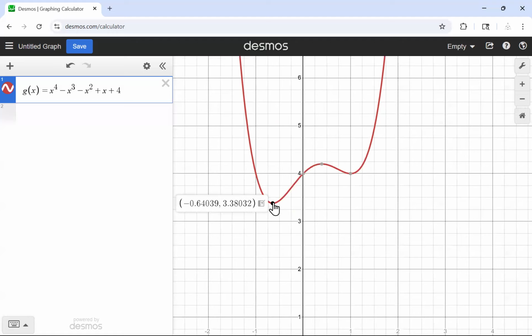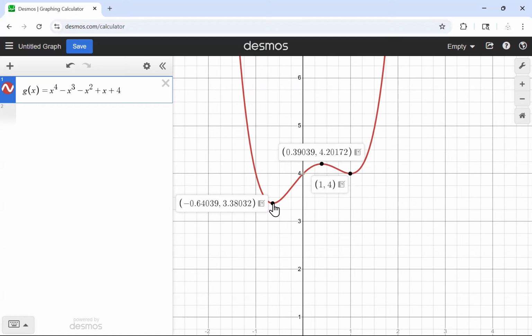So from this point, whose x value is negative 0.64, to this point, whose x value is 0.39, we're increasing. And then from 0.39 up to 1, the function's decreasing again. And then from x value of 1 and beyond, we're increasing again.